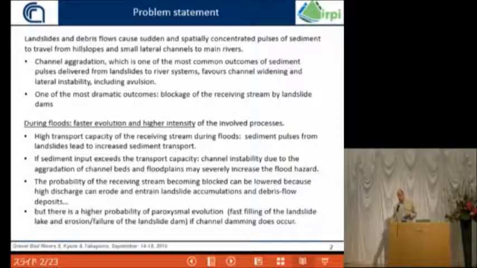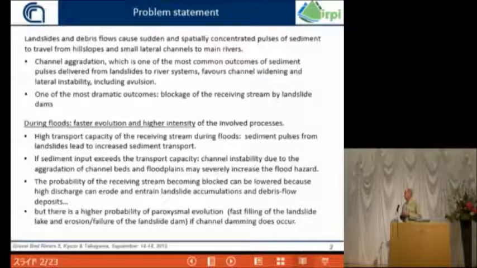But there is also another particularly relevant and dramatic outcome, that is the blockage of the receiving stream by landslide dams. These processes are not necessarily associated with floods in the receiving stream in gravel bed rivers. But when these processes do occur during floods, there are some particular aspects that deserve to be considered.